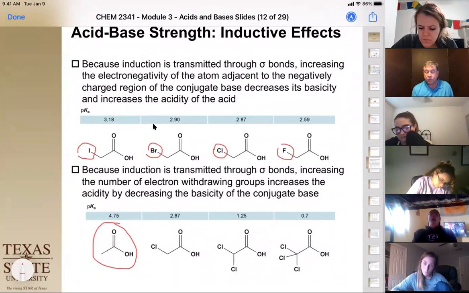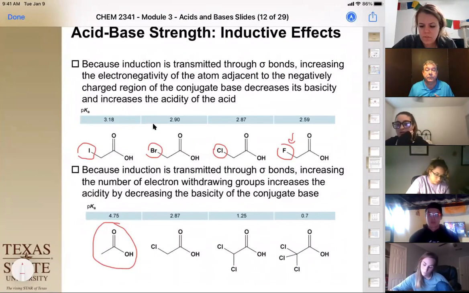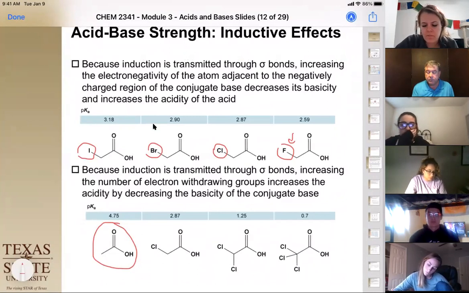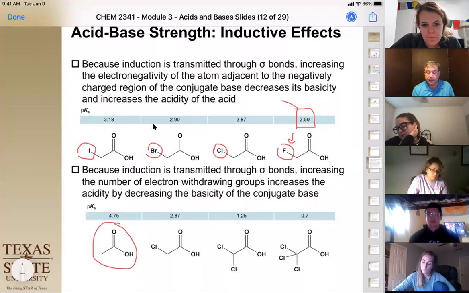In this case, fluorine is the most electronegative, then it drops to chlorine, bromine, and iodine as far as electronegativity goes, right? Which means fluorine should be the most acidic and have the lowest pKa. Since chlorine is not as electronegative, it will not have as big an effect. And what we see here is that yes, the pKa is coming up. It is less acidic when we have that chlorine on there.